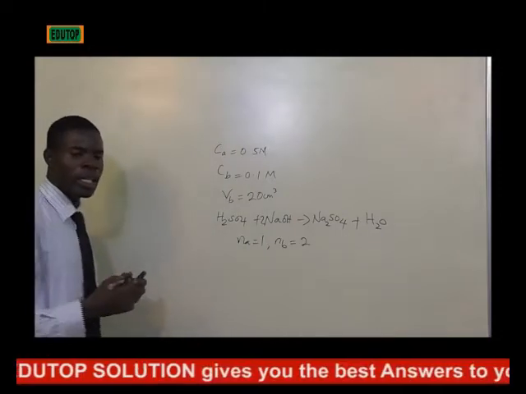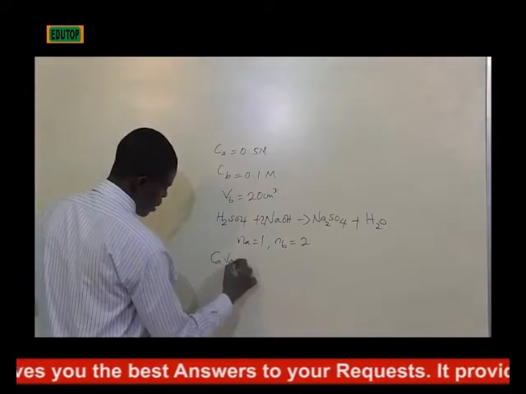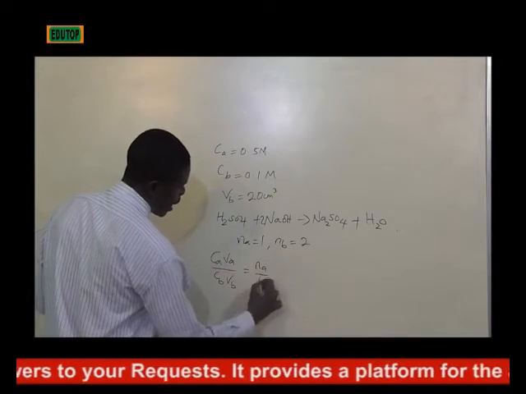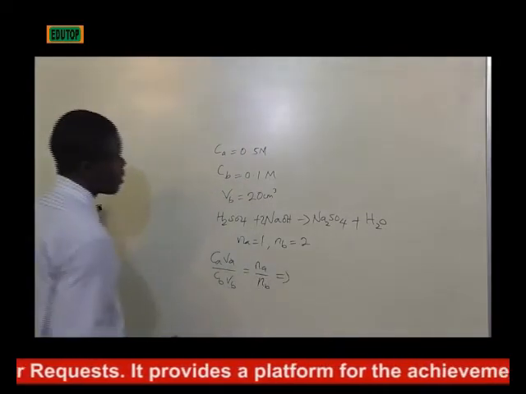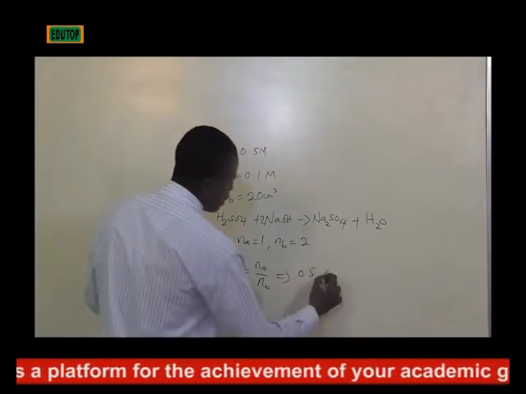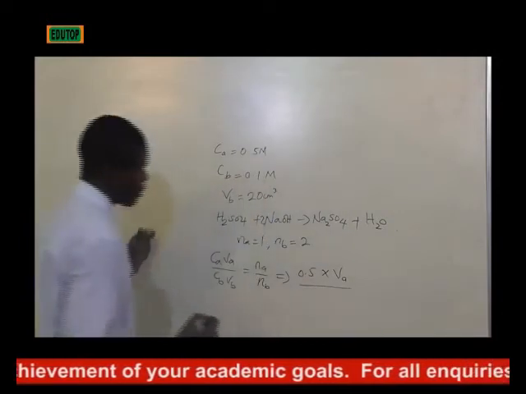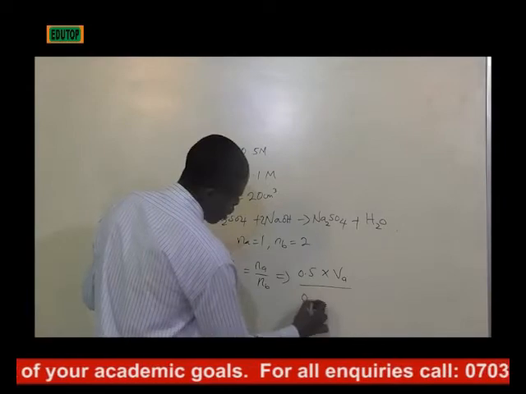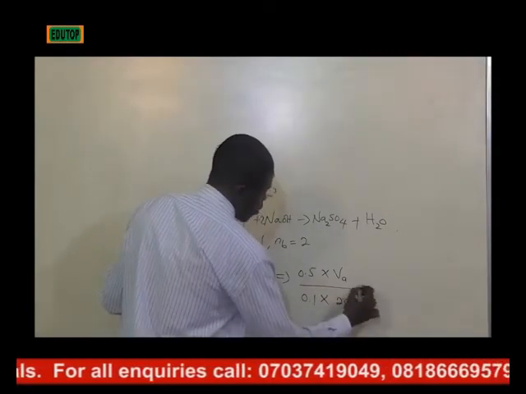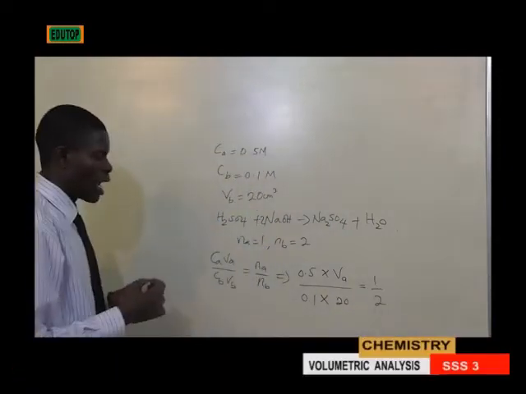Using the acid-base titration formula, which is CaVa over CbVb equals Na over Nb, which implies that Ca is 0.5 times Va, that is what we are asked to look for, over Cb 0.1 times Vb 20 is equal to Na 1 over 2, which is Nb.